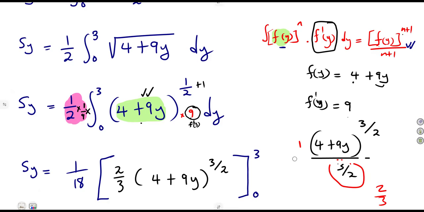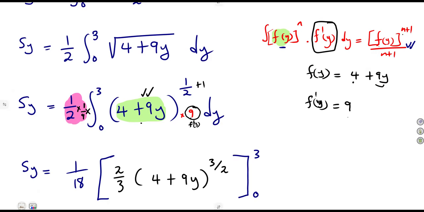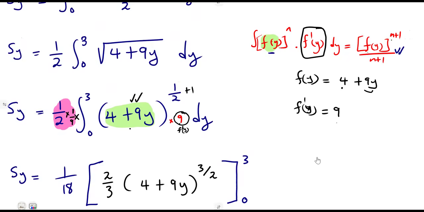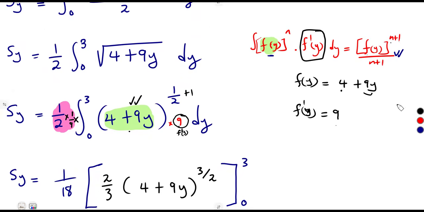You can also use the u substitution, letting u be equal to the part inside the bracket, and you'll have the same thing. But with inspection, we can do this directly. As long as a function is raised to a certain exponent and its derivative is there, we can integrate.